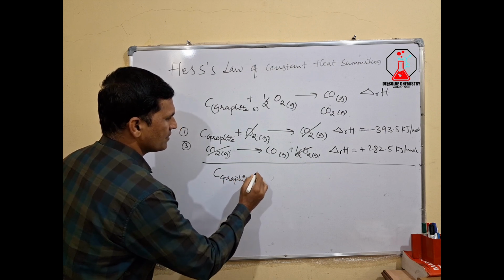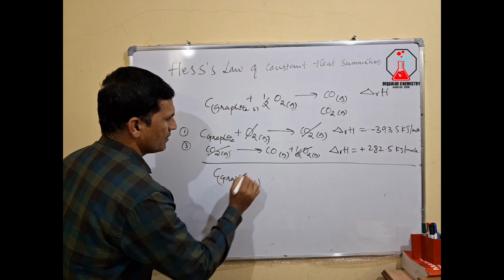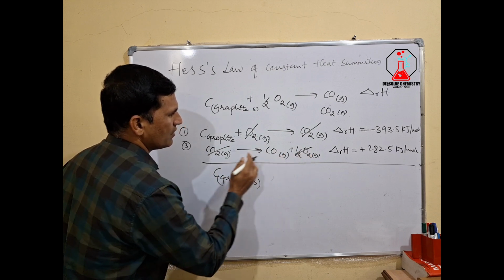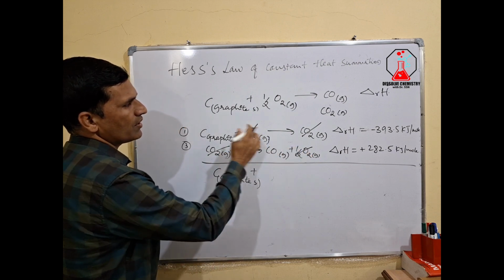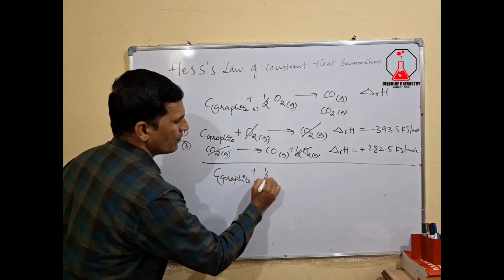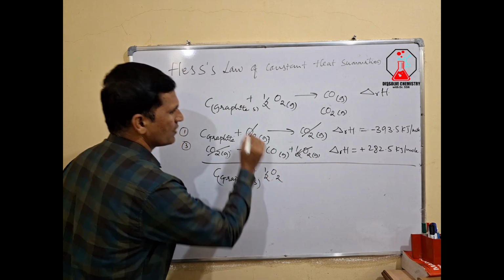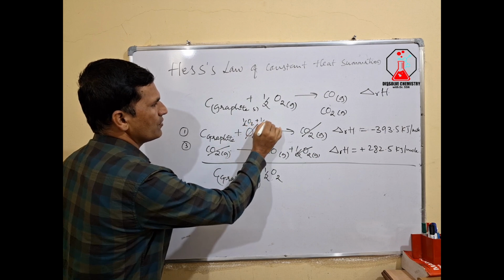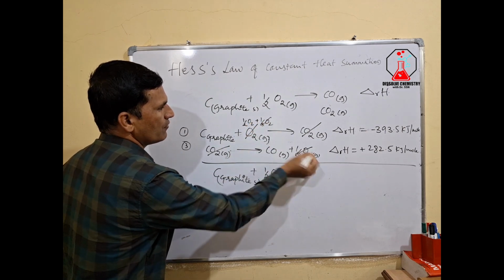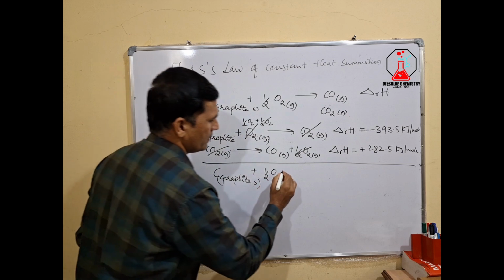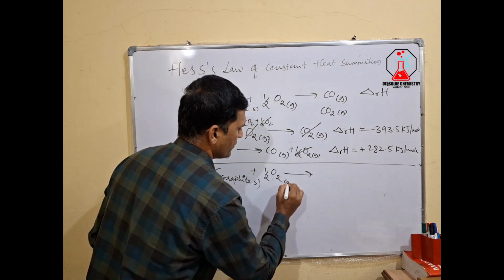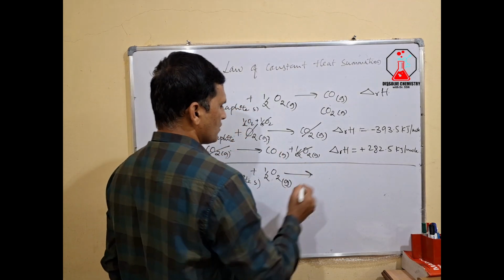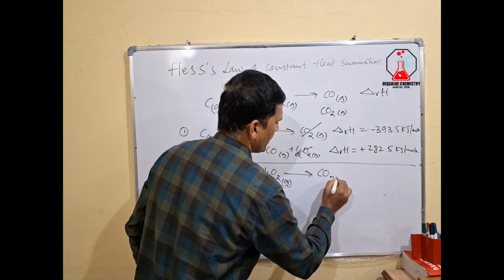Graphite, solid, plus what is remaining here? Half O2 is already cancelled, another half O2 will remain. We write half O2 plus half O2; one half O2 gets cancelled and another half O2 remains. So we now get carbon monoxide gas.